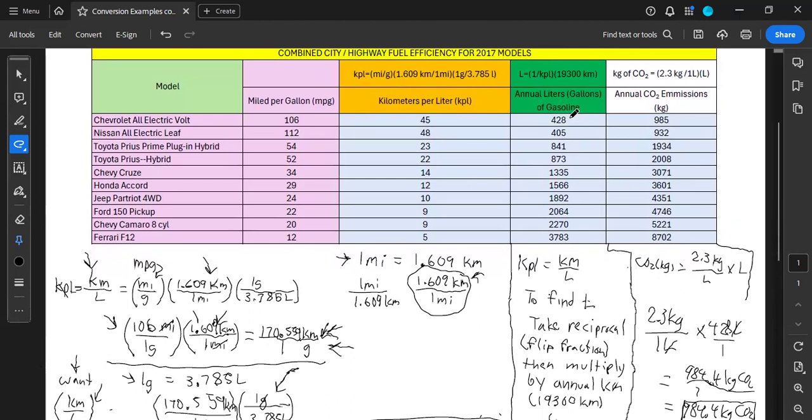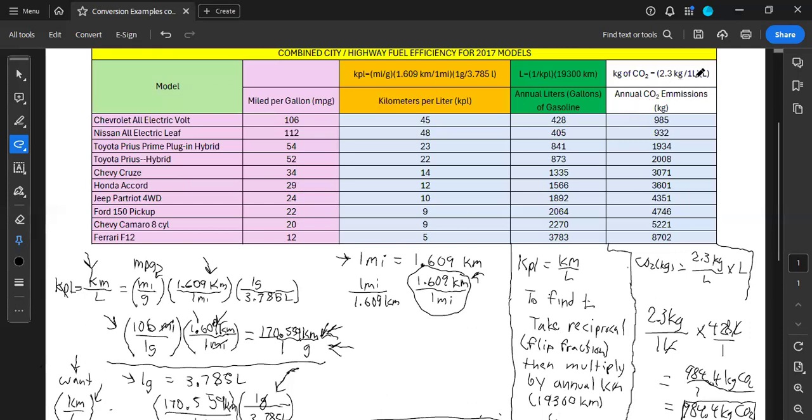All right, that's great. So now we know how many liters it takes that vehicle to travel 19,300 kilometers. So the last thing we need to do is convert this amount of gasoline. We want to see how much carbon dioxide emission is going to come from that. And luckily for us, there is a conversion factor that tells us that.